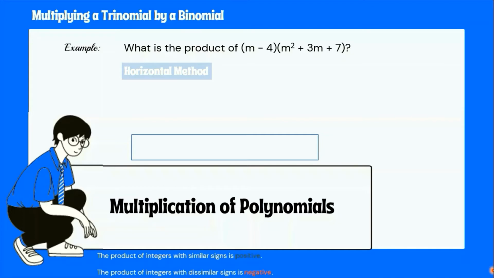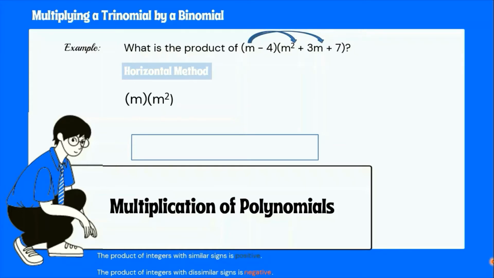So, have an example. What is the product of m minus 4 multiplied to m squared plus 3m plus 7? Since horizontal method tayo, we need to distribute. Unahin natin dito yung first term ng binomial, multiply natin siya sa kada term nitong ating trinomial. So, that's m multiplied to m squared.